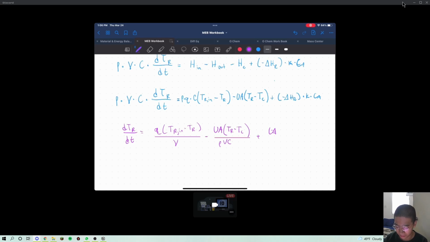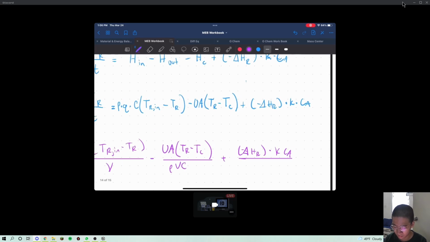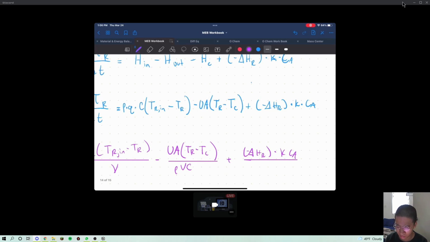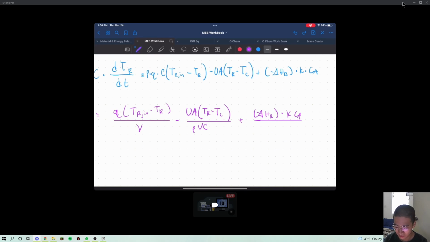The reaction enthalpy, H_R, times rate at which things are reacting. Oh, I see now. If I'm not mistaken, this should be multiplied by rho. I'm not sure. Actually, I'm not sure. I'm not going to make that decision yet.